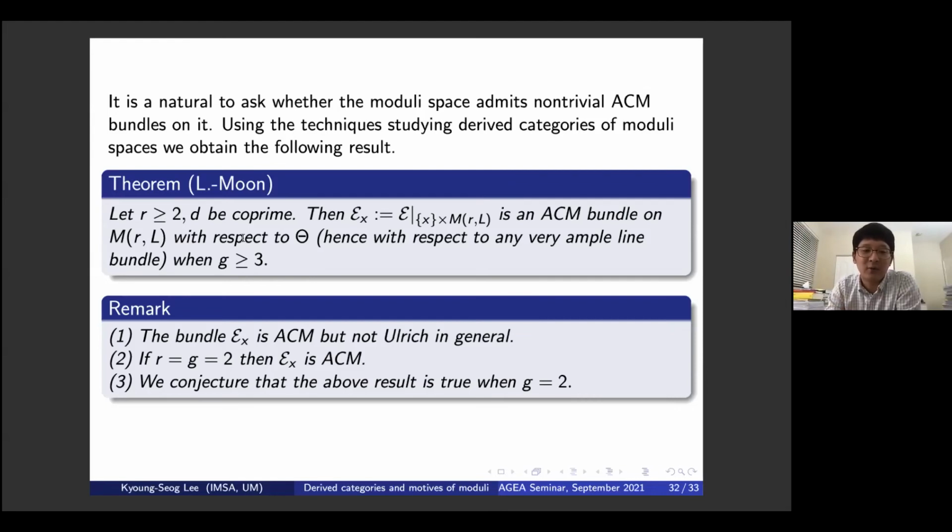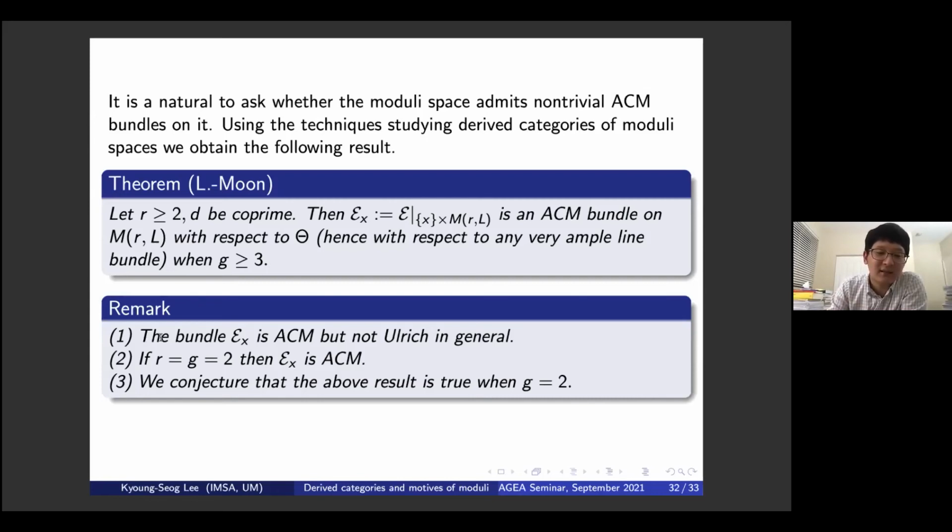We proved this for every rank and degree, but with the condition that g is greater than or equal to 3. So there is a non-trivial family of Ulrich bundles on this moduli space.